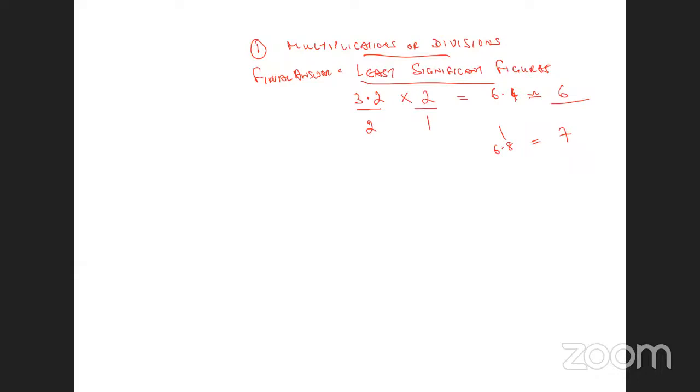That's multiplications or divisions. When it comes to addition or subtracting, in this case, we keep the final answer to match the one of the given values with the least, not the significant figures, least number of decimal values.